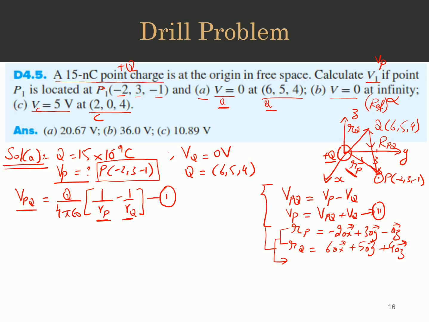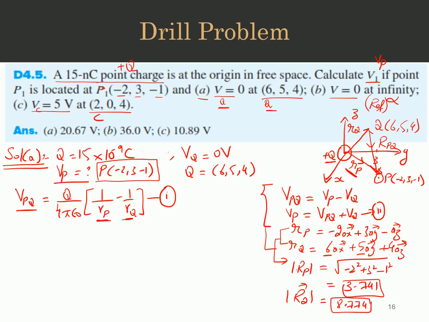This means that the magnitude of Rp will be equal to the square root of minus 2 squared plus 3 squared minus 1 squared, and this comes out to be 3.741. Similarly, for Rq, we can find its distance. You take the squares of 6, 5 and 4, so it comes out to be 8.774. So these are the absolute values of the distances that we are going to use in equation 1.